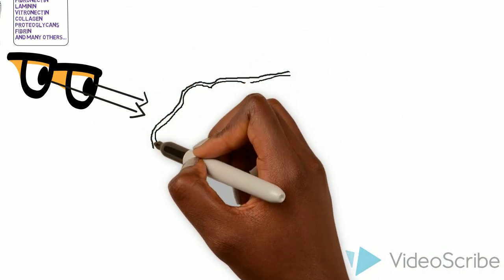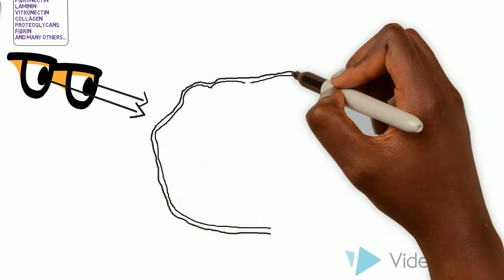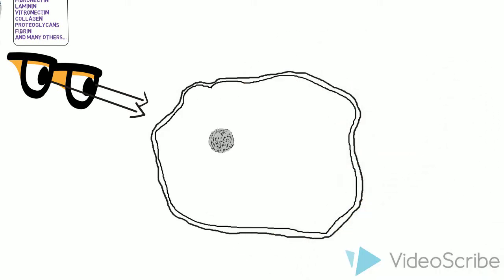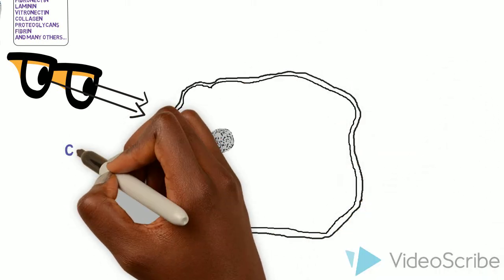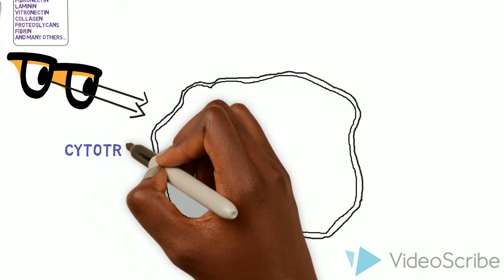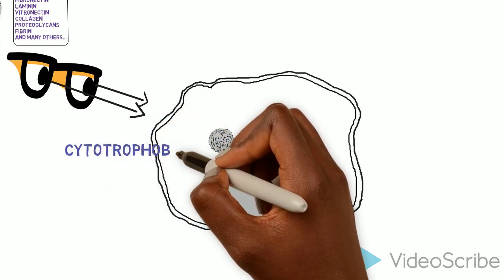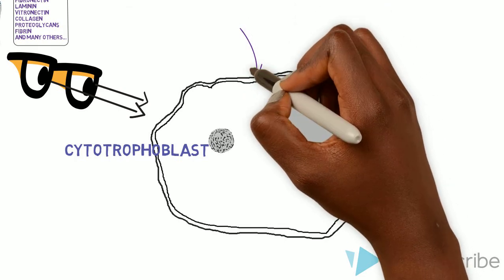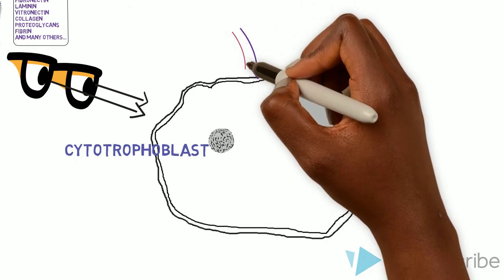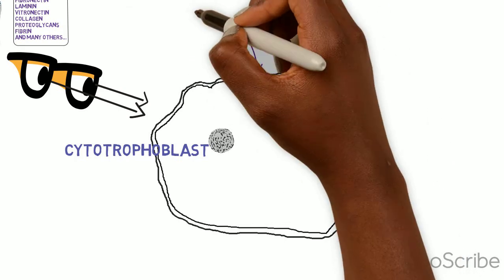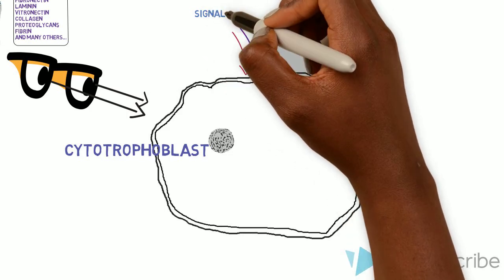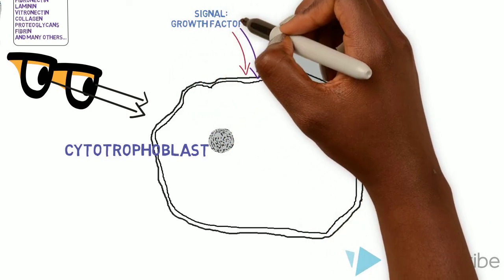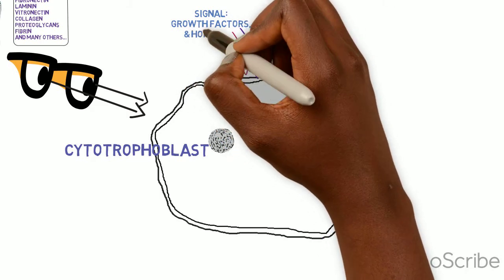This is where things get a little more complicated, so do not blink. Here we have a cytotrophoblast cell. Of course, there are many of these, but we'll just focus in on this one cell. Starting off, the cell receives signals from its environment. These can be paracrine factors, growth factors, and other hormones.